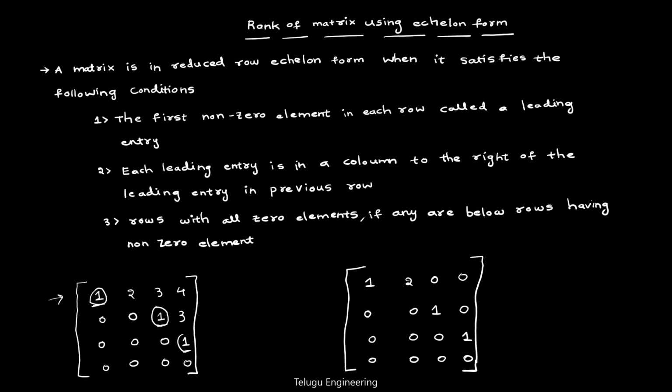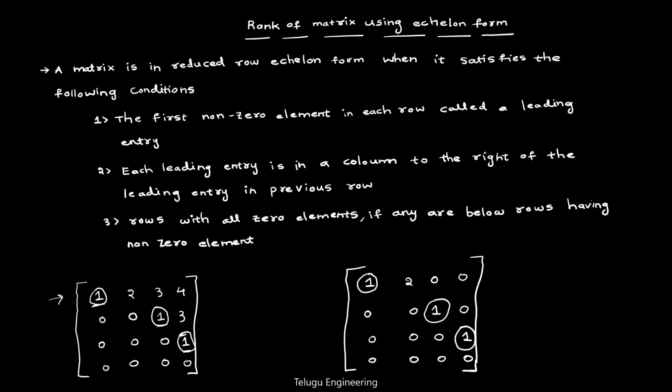For example, this third one is to the right of the second. In a similar way, observe this matrix. This is the leading element of the first row and this is the leading element of the second row. You can clearly see that it is to the right of the previous one, and this third is also to the right of the previous one. This is the second condition to be in echelon form.